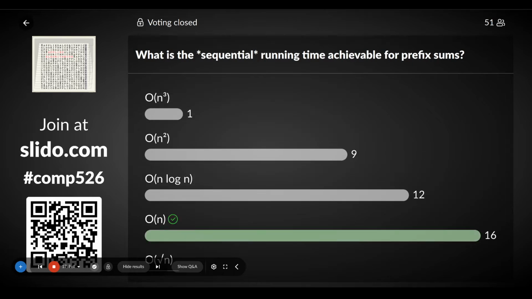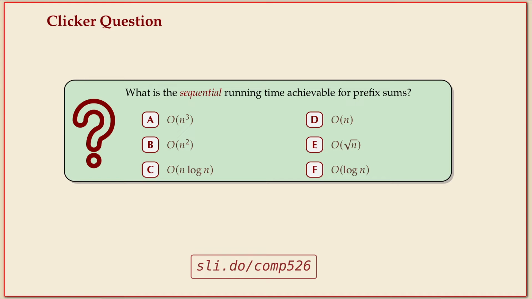And the majority is right, though, or the largest vote was right. So sequentially, we can easily do this in linear time. And I'll show you how. If you can do one of the faster ones, I'd love to learn.